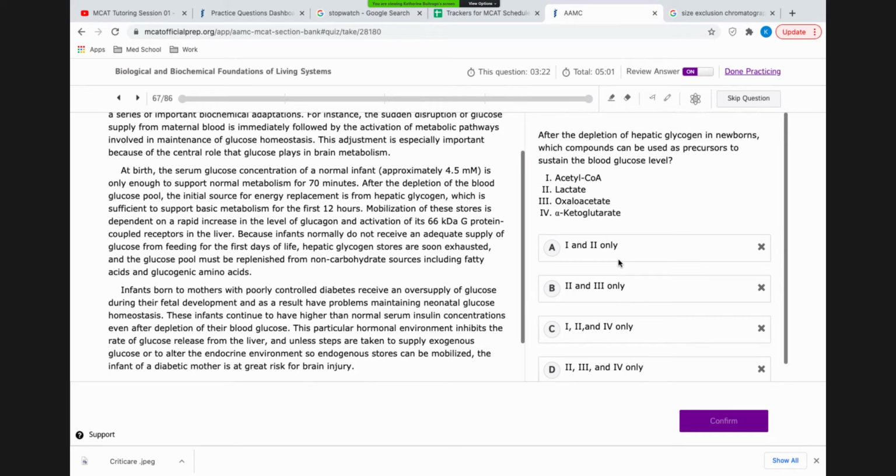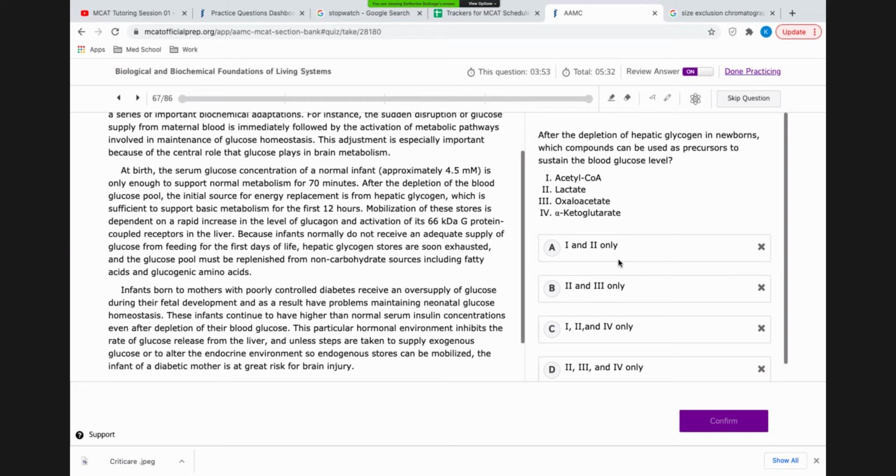Okay, let's see. I guess I didn't... I was thinking more of reversing glycolysis, but basically it's asking which of these compounds can be used to start gluconeogenesis, precursors to sustain the blood glucose level.